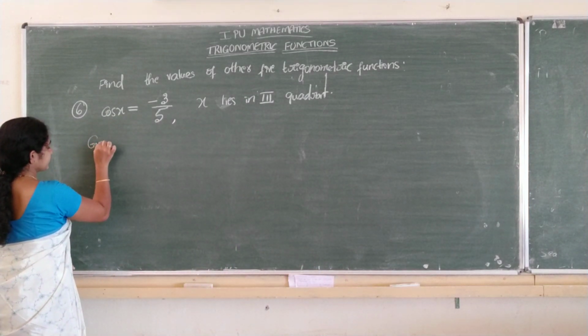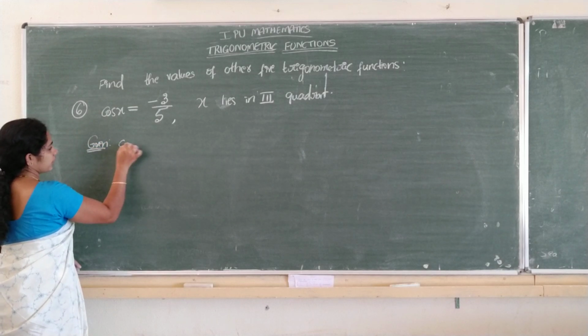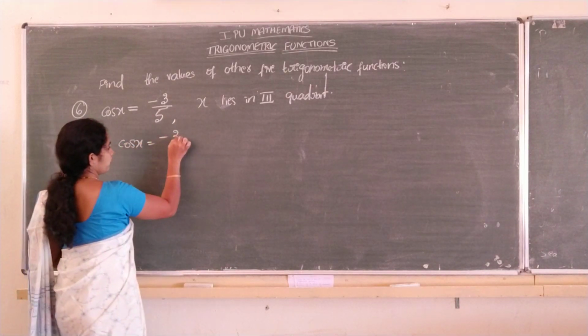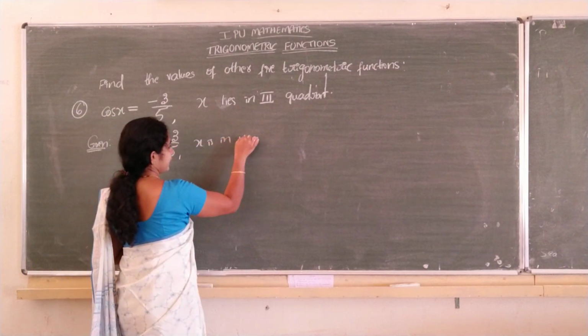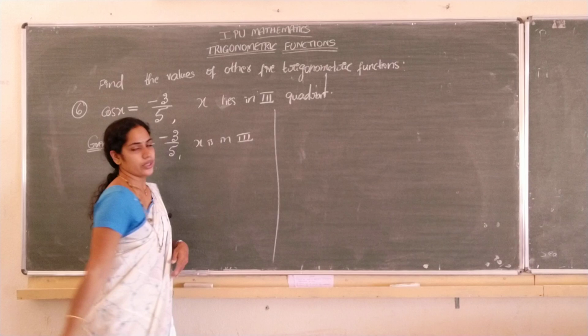Cos x value is given here. Given that cos x equal to minus 3 by 5 where x is in the third quadrant.